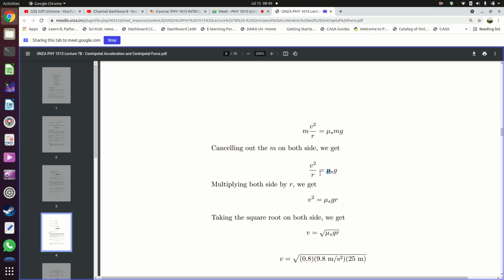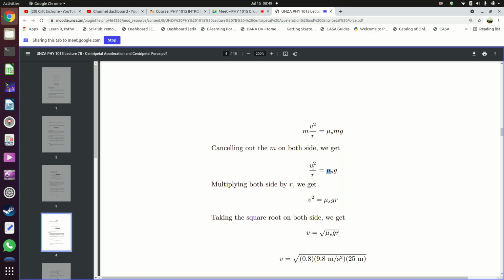Are we clear? There's no mass in this expression. So the speed limit does not depend on the mass of the car. Whether it is a bicycle, a motorcycle, a Vitz, a Corolla, a truck, or a bus, this speed limit has to be obeyed.